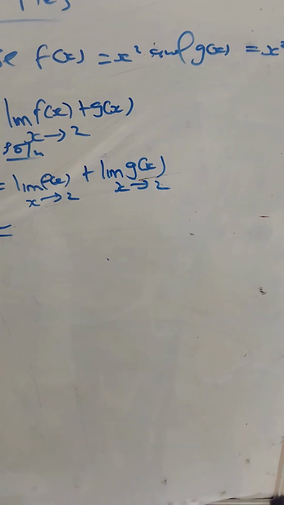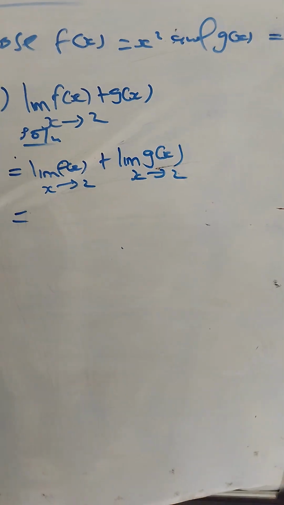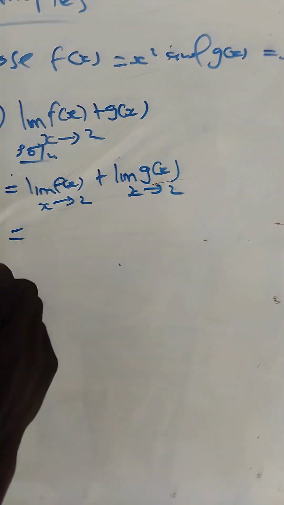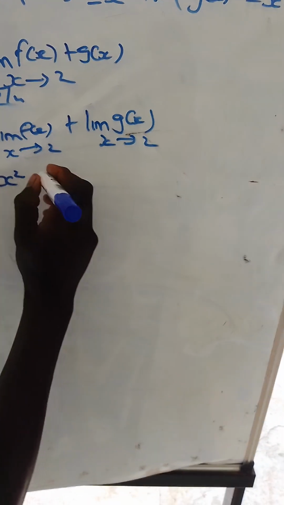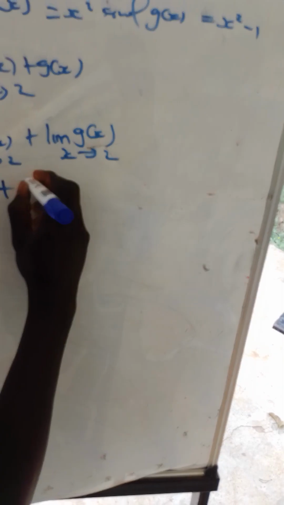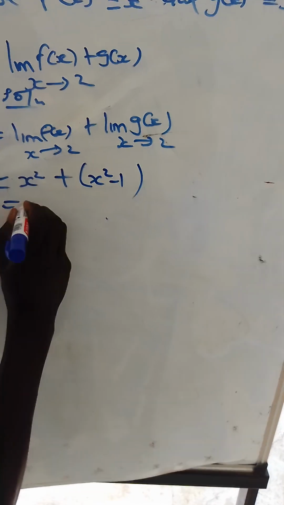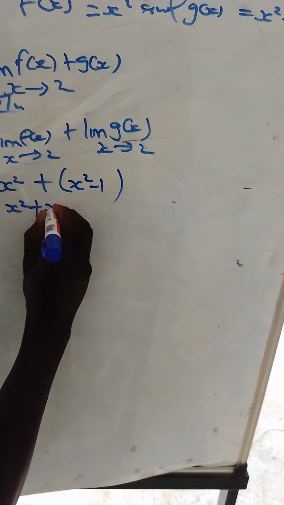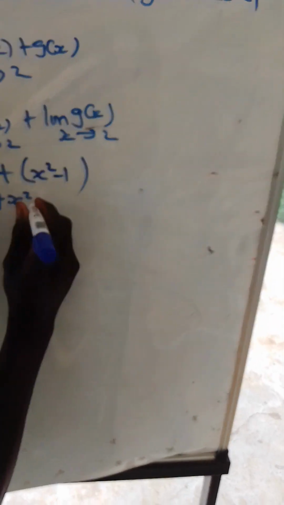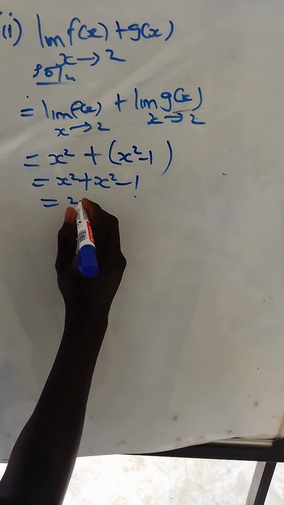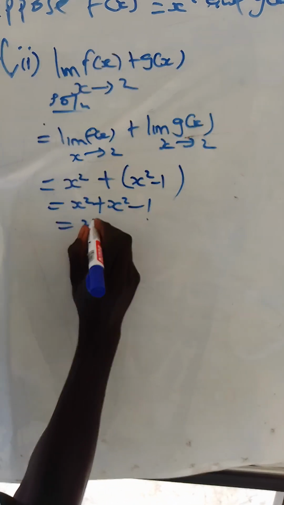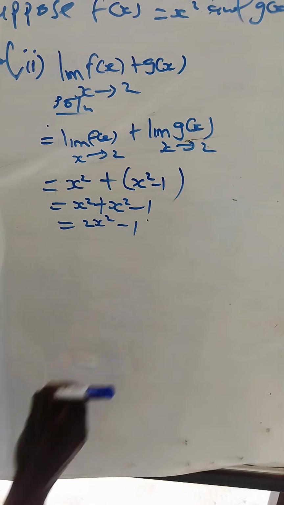Now from here we are going to represent our limit of the function f of x as x squared, plus g of x, which is the same as 2 squared minus 1. Now there we are going to collect our like terms, which is the same as 2x squared minus 1.